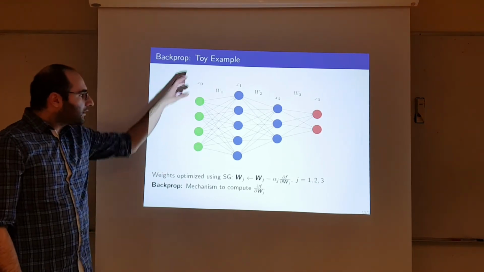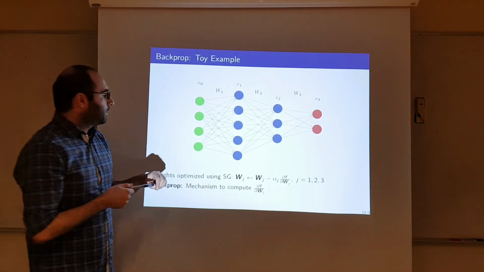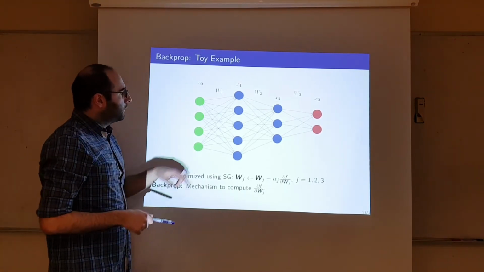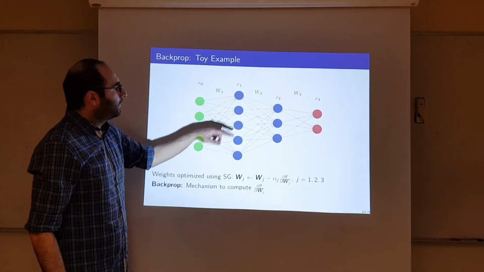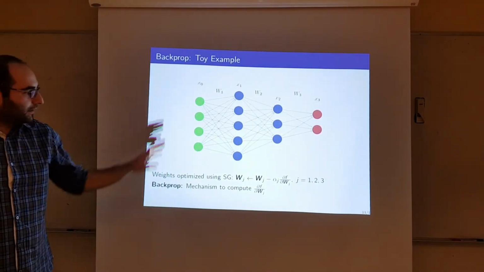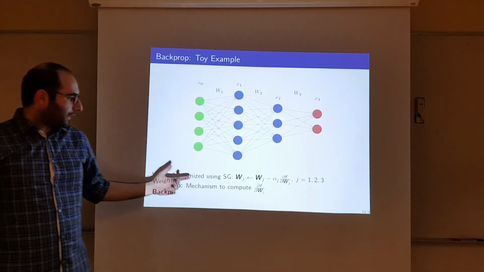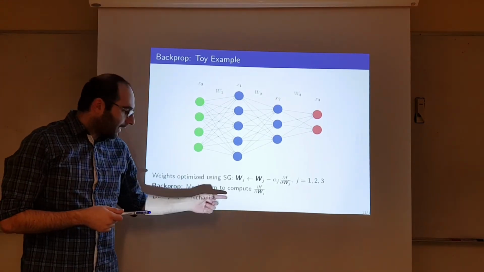And let's start with a very simple 3-layer network. So here, as I said, x0 is the input. It's multiplied by w1, the first layer weights, gives you x1, w2, x2, w3, x3, right? So this is a simple example. And here, the weight optimization happens with stochastic gradient or gradient descent.